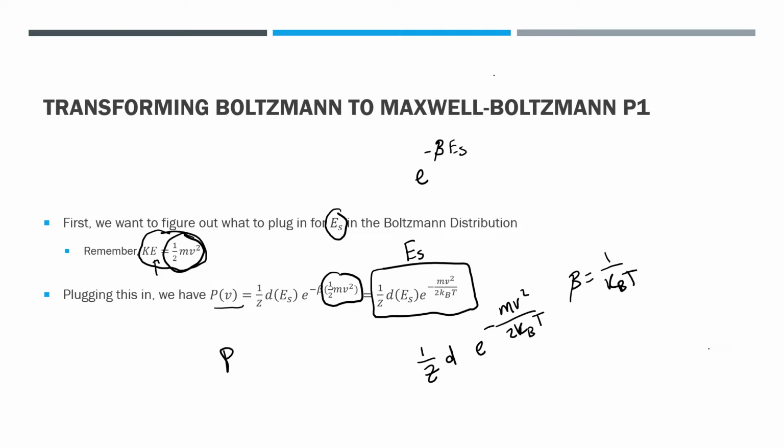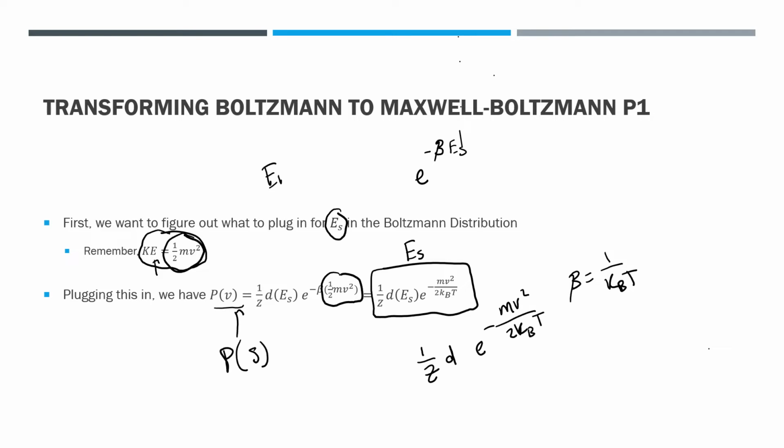First, remember how we described this as the probability of each state on the last slide, but now we have probability of a velocity, right? Velocity is our input into our probability density function. So what does this mean? The energy state is solely determined by the amount of kinetic energy of the gas particle.